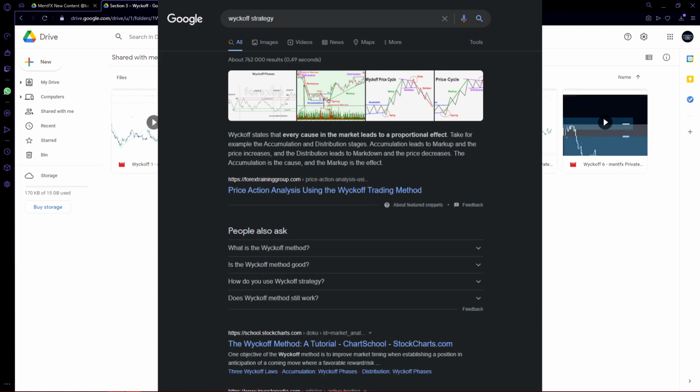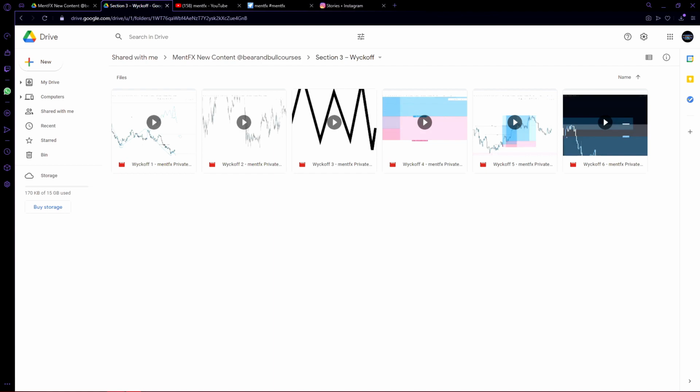So the markdown would occur after a spring that occurs above your accumulation point, and then a markup would occur when there's a spring below where the market was accumulating, and then the market would go to the upside. So this takes the principles of higher highs and higher lows and applies it to a different strategy as well.